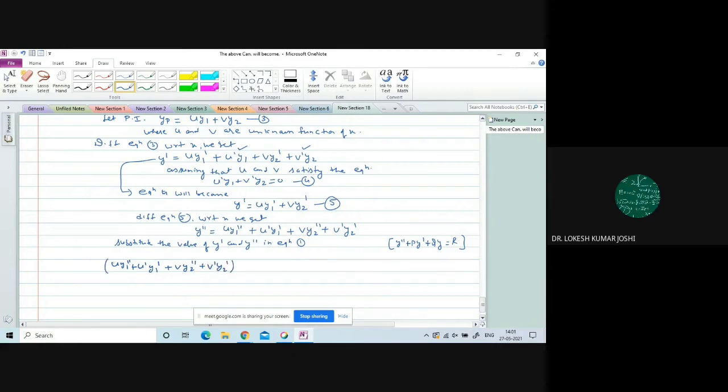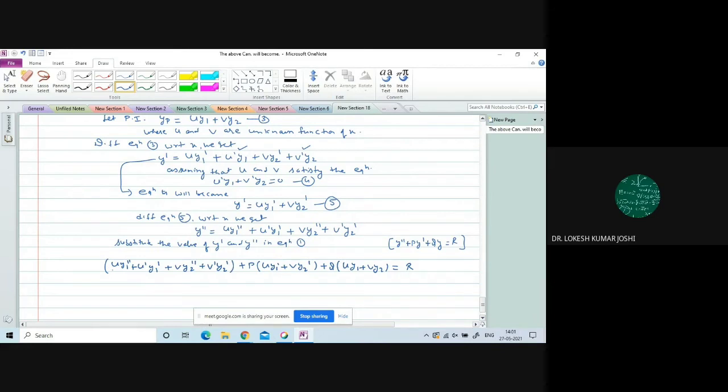This is y double dash, plus p times y dash. Y dash is u y1 dash plus v y2 dash, plus q y equals to u y1 plus v y2, equals to r.